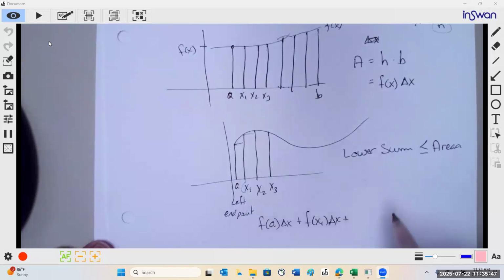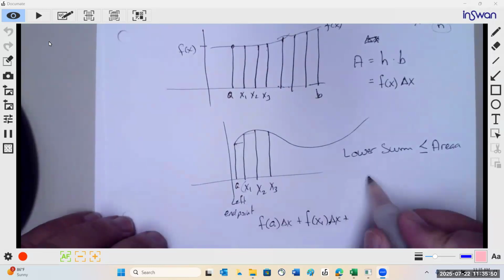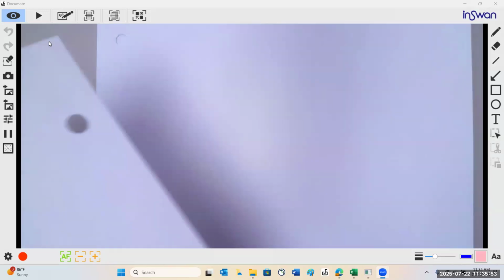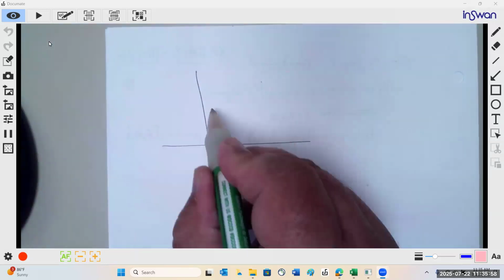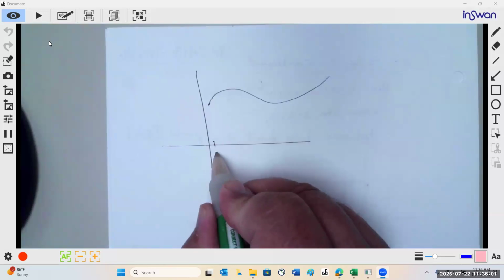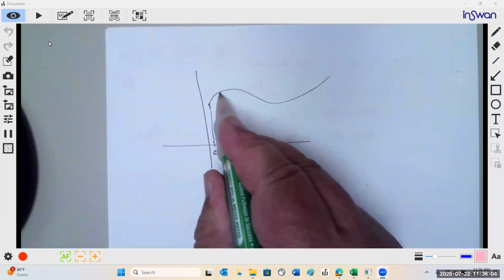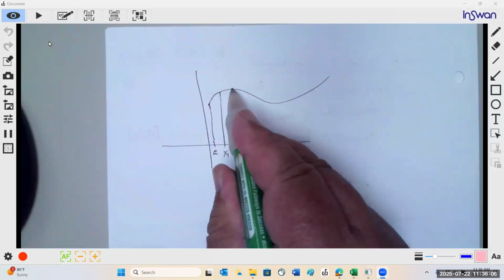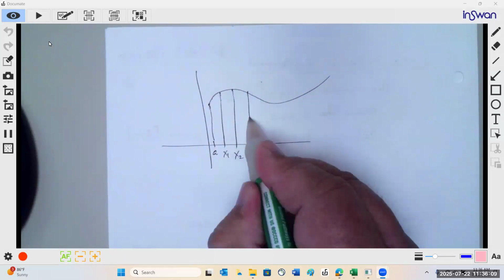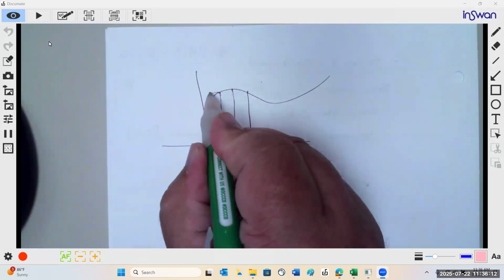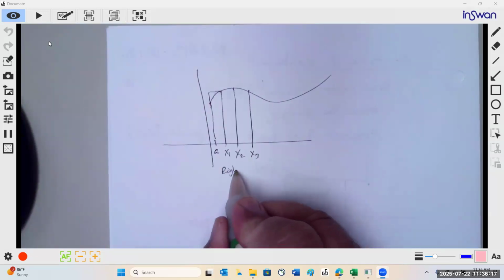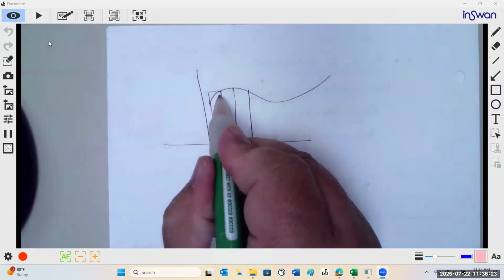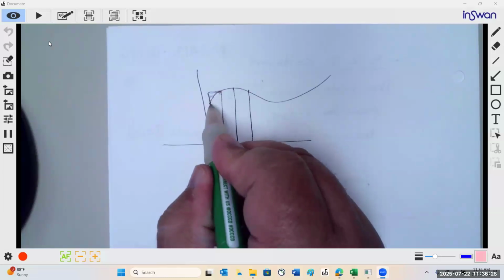If we use the right endpoint, then we get too much of the area, more than the actual area.